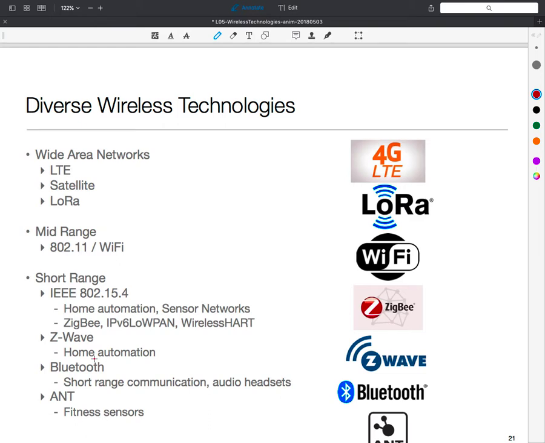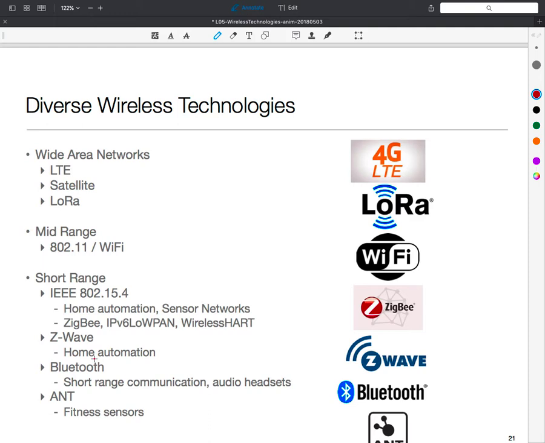Okay, so all these ideas have now come together into a variety of wireless networks which exist in the embedded space. I have listed some of them and classified them into three broad categories. Those meant for wide area networks, embedded systems in remote areas.